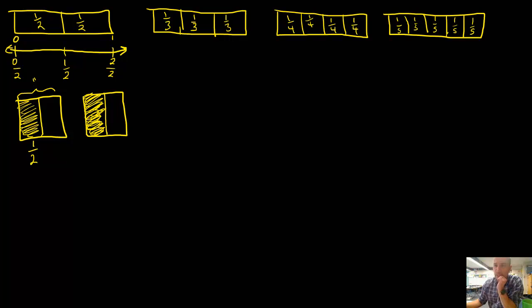So I'm going to take this guy and cut him in half this way. Okay. So what I've done is I've taken my half here, and I've made 2 groups. I've taken 1, and I have now 1 group of 2. Okay. So now I have 2, and I have 2 out of my 4 total.